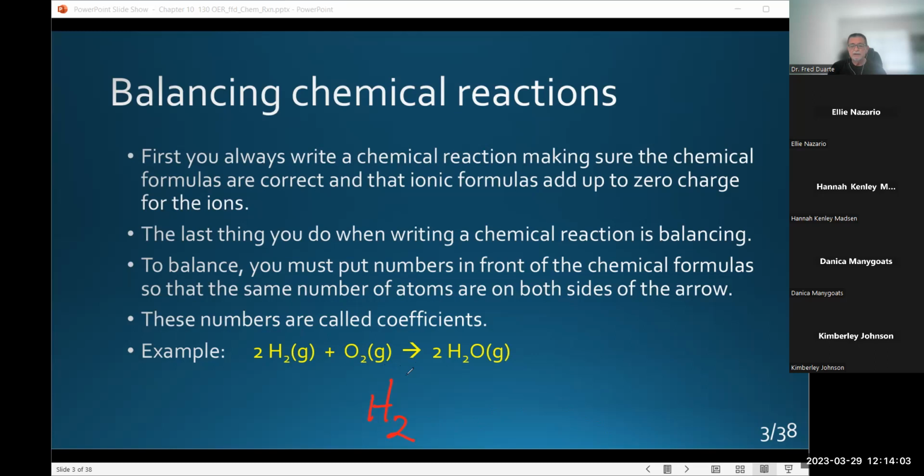So hydrogen in the presence of oxygen, or reacts with oxygen, that's a key word to give you the plus symbol. With oxygen, again, we also know that that is also a diatomic species. Here you're given the physical states. So I didn't put them here, but they're given to you there.